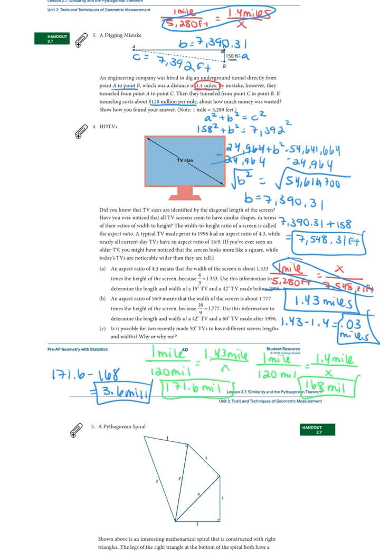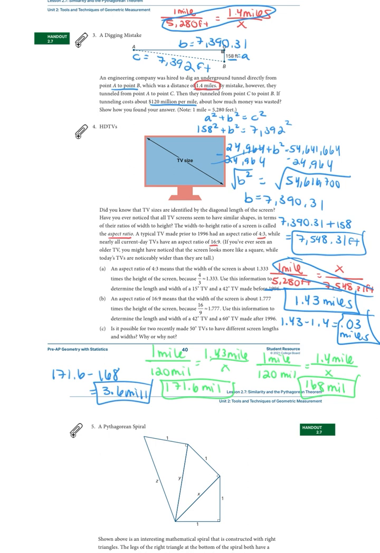The width to height ratio of a screen is called the aspect ratio. A typical TV made prior to 1996 had an aspect ratio of 4:3, while nearly all current day TVs have an aspect ratio of 16:9. If you've ever seen an older TV, you might have noticed that the screen looks more like a square, while today's TVs are noticeably wider than they are tall.